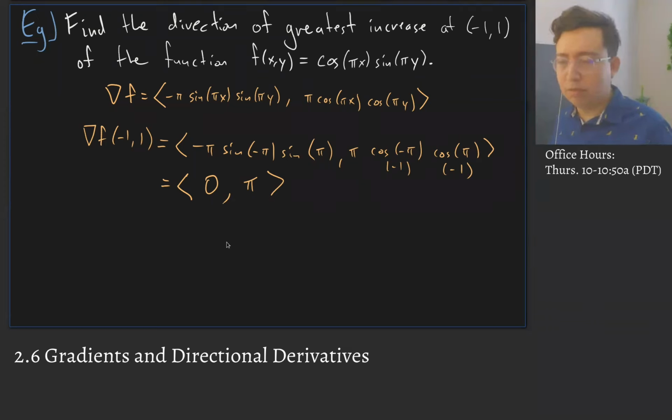So there's a couple of problems. I think there's one problem on the online homework, at least, where you can think of this in 3 dimensions. You can take a function in 3 dimensions which describes the temperature at a certain point, for example if you imagine a room is 3-dimensional.